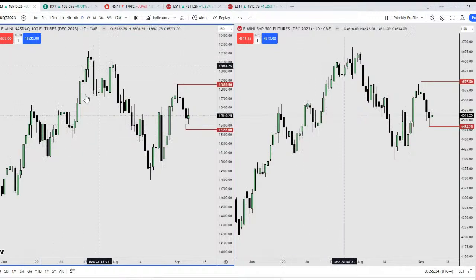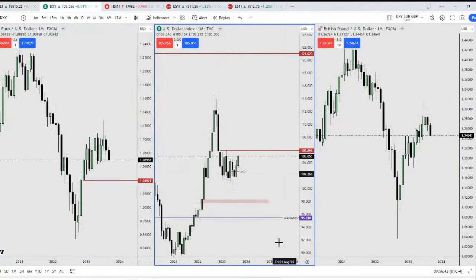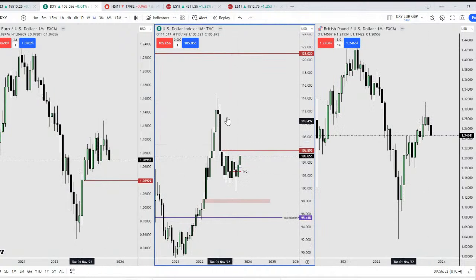As the dollar rallies, indexes are rallying as well. So it's not an ironclad movement as compared to the foreign currencies. So that is what I'm expecting for DXY.